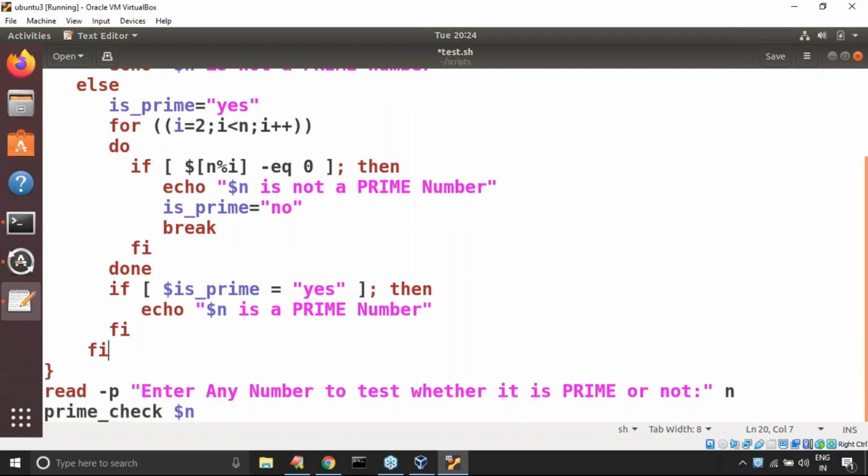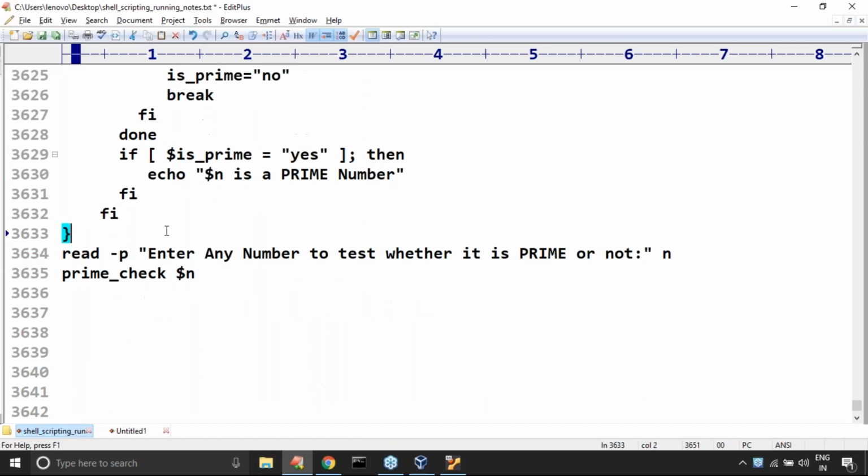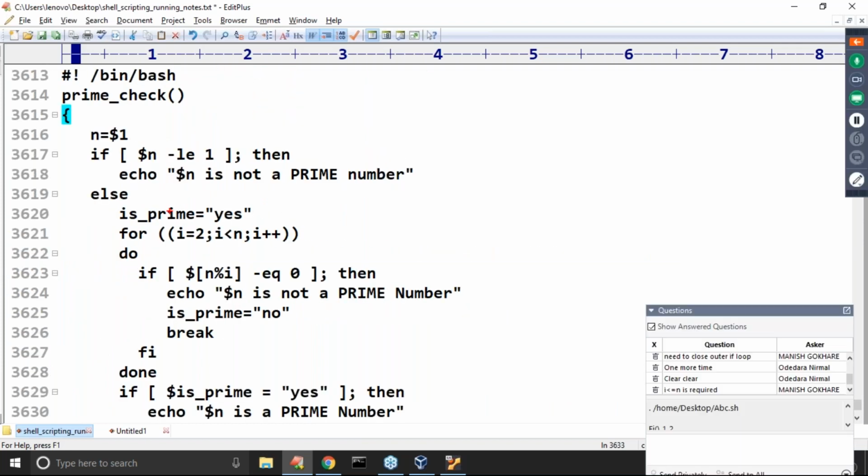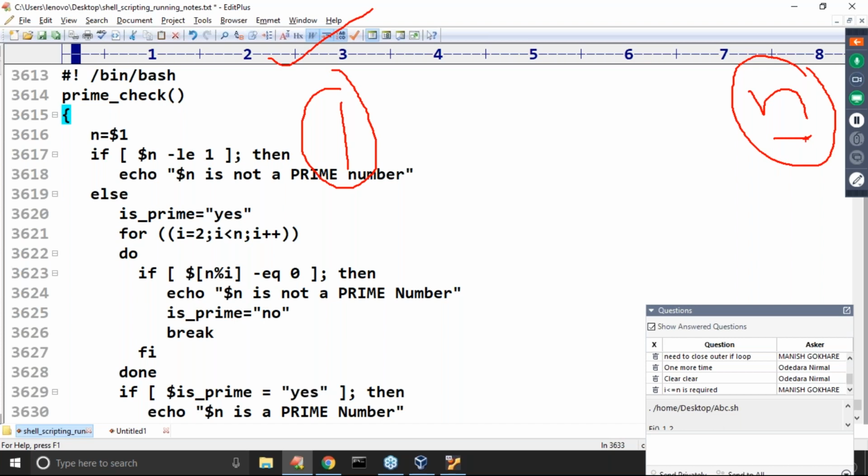Okay, any doubt, Manish? Here i is less than n only, not less than or equal to n. The reason is that 1 and n are already two factors, since any number is divisible by 1 and by itself.